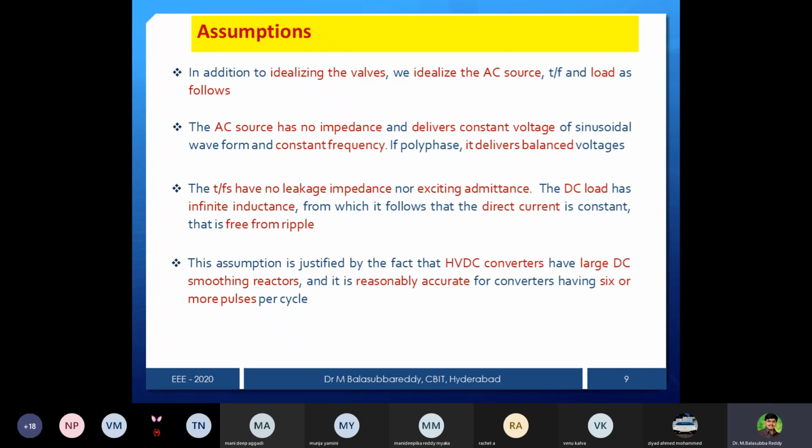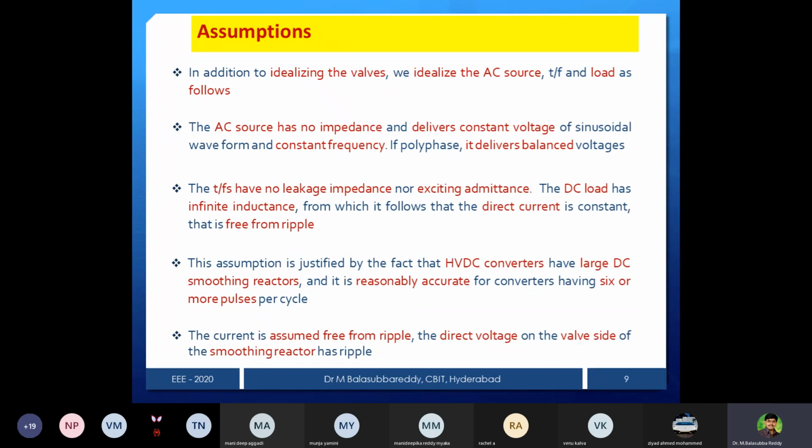HVDC converters have a large DC smoothing reactor, which I already mentioned, 0.2 to 1 Henry. That much large reactor is required, and it is reasonably accurate for converters having 6 or more pulses per cycle. In general, HVDC uses 12 pulse converters.